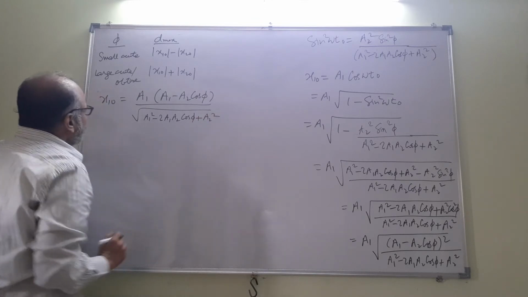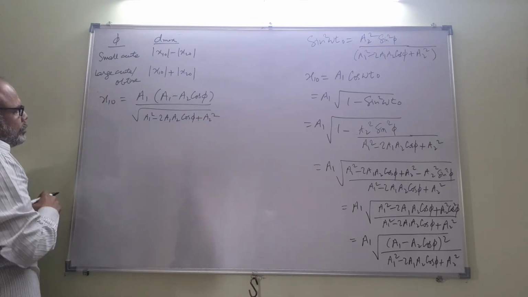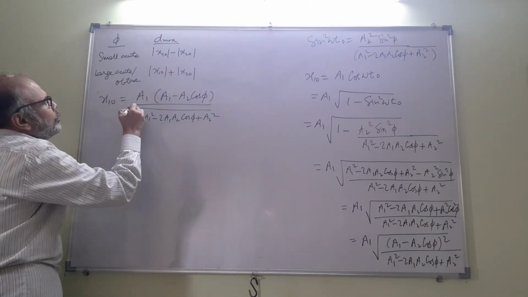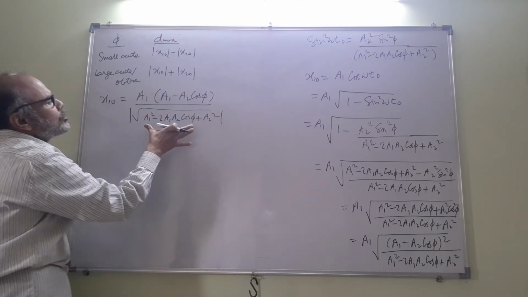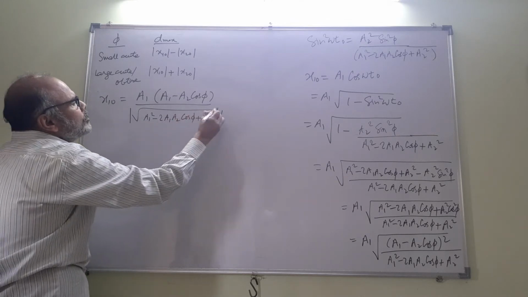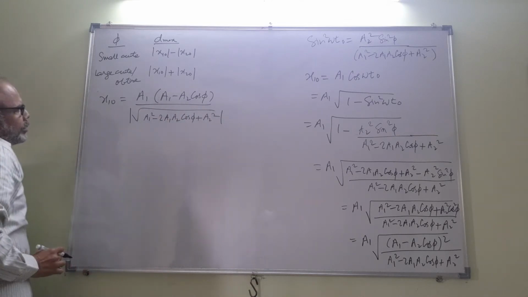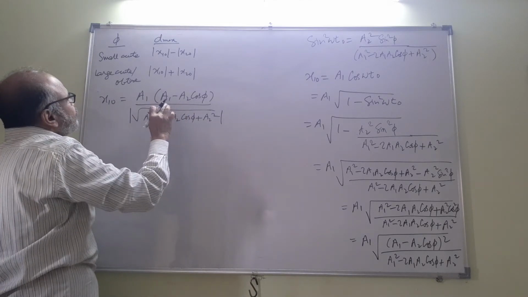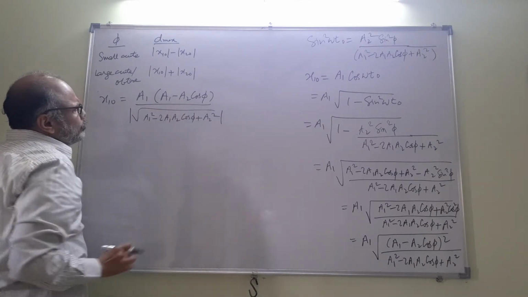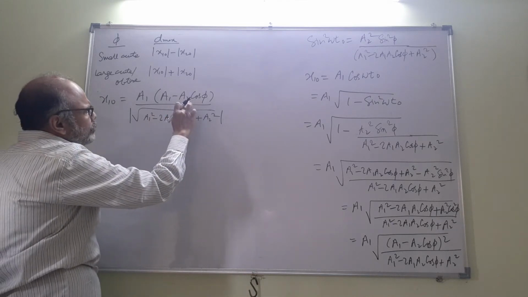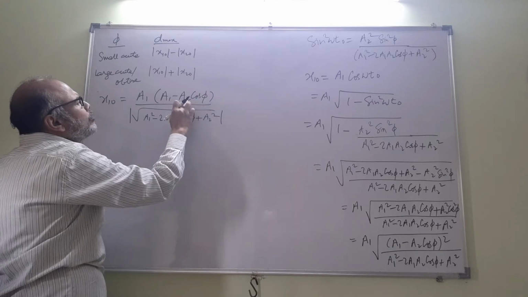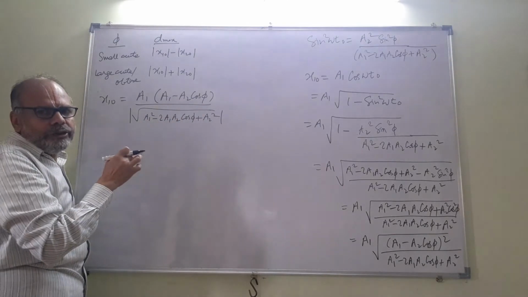Now we want the modulus value of this, the absolute value of this. With the denominator, we will take the positive square root. Let's check the numerator. We said a1 is greater than a2, and therefore a1 will also be greater than a2 cos phi, because a2 cos phi will be less than a2.